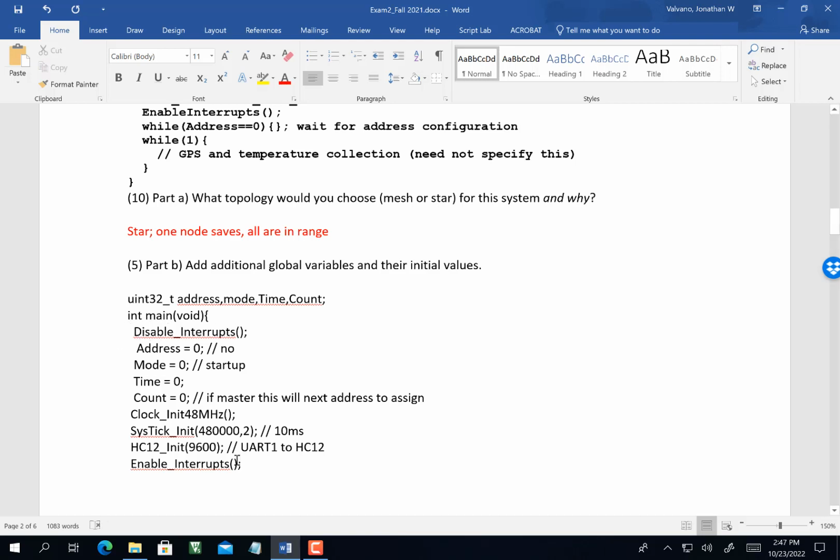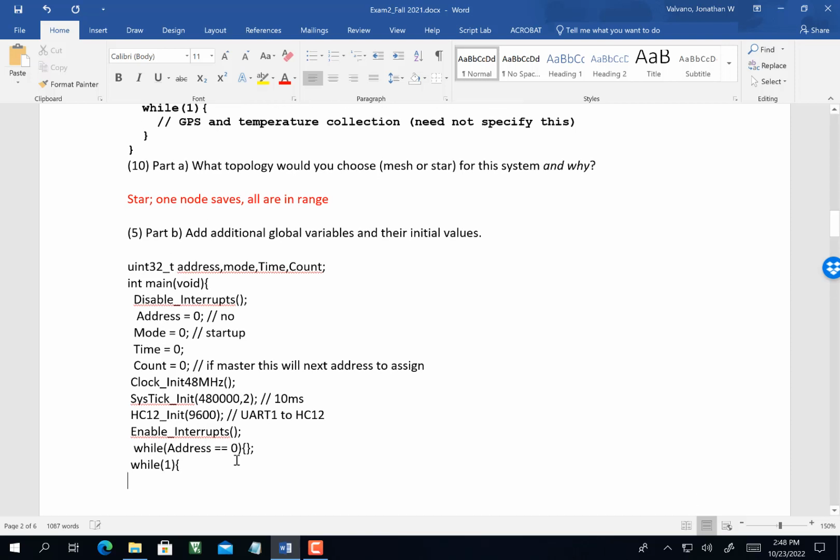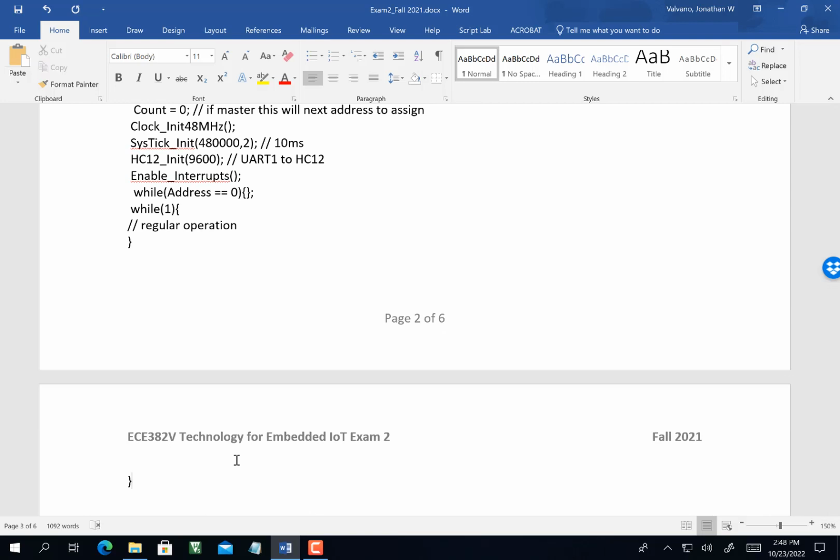And now I'm just going to wait for the address to be established. And once the address is established, then I'm going to go into regular operation, because at that point, the address will have been established.